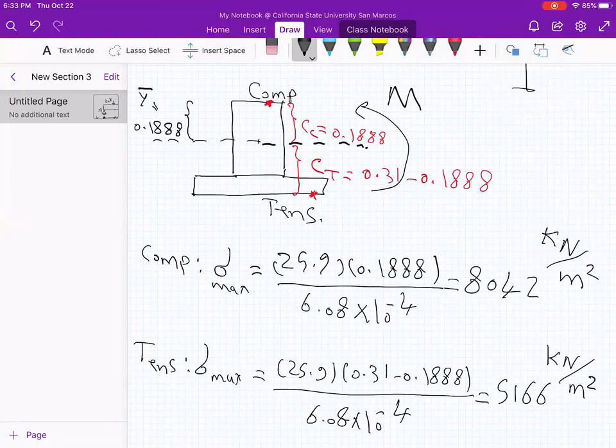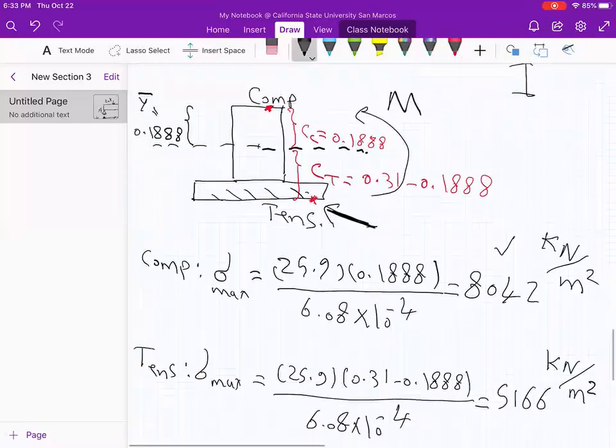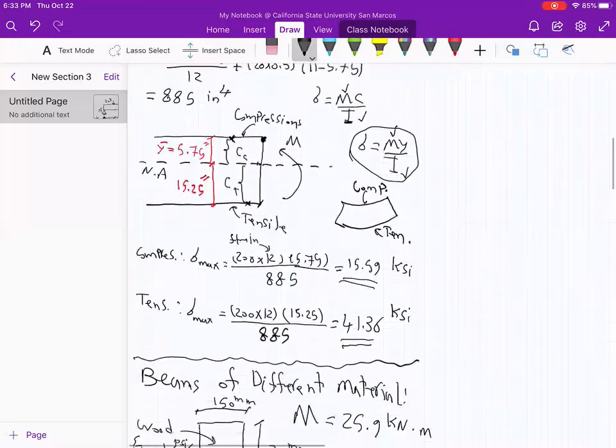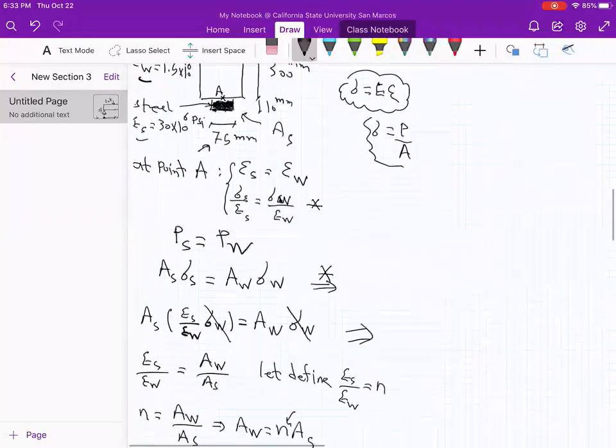Sigma for the compression is good. For the tension, we find the stress for the equivalent wood, because look at this point, this is the location of the tension. Here it is wood, but the original figure is steel, right? Which means this point should be in the steel. Look at the original figure. The original figure is steel. Now we need to find the sigma of the steel. So how can we find it?